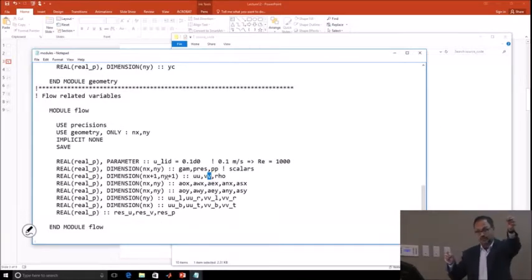Because I have that extra node on the boundary for U. Actually, U could be dimensioned nx plus 1 times ny. That's the actual dimension, but I just made it one extra slot. Rho can also be dimensioned nx by ny. Should probably put it there. The extra slot is never used.